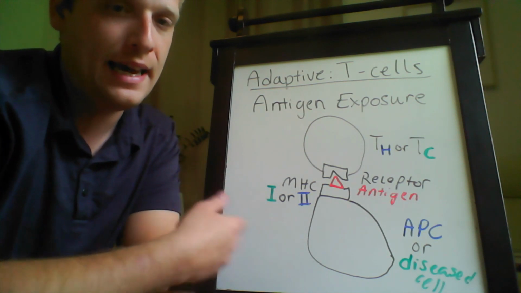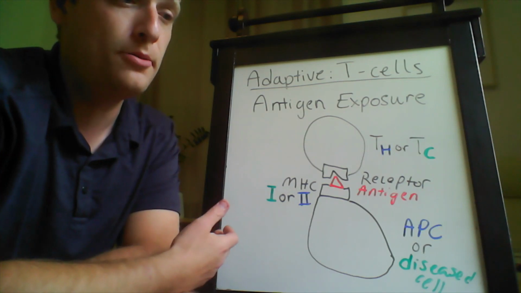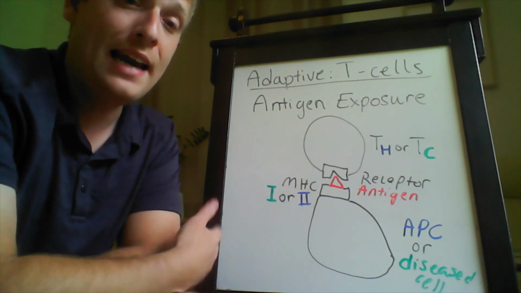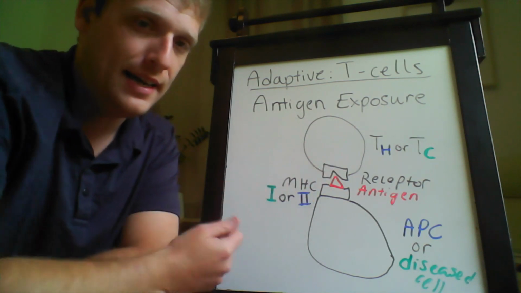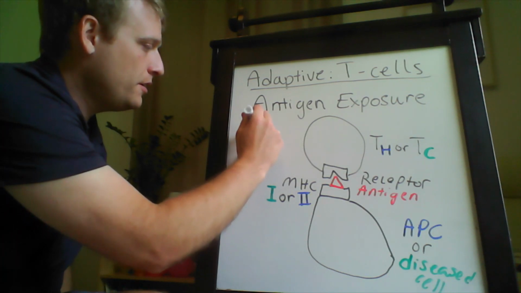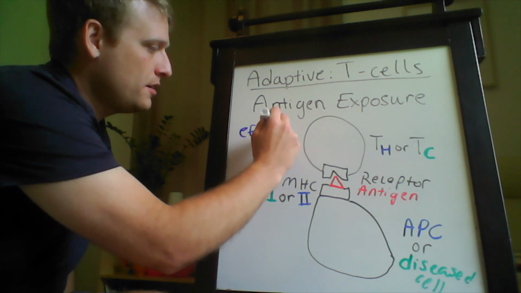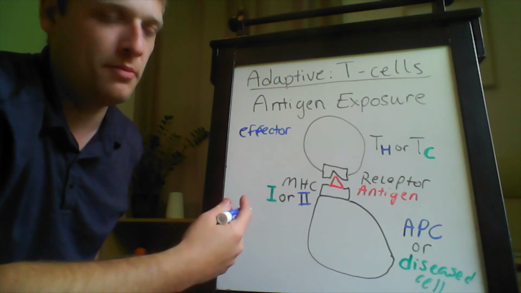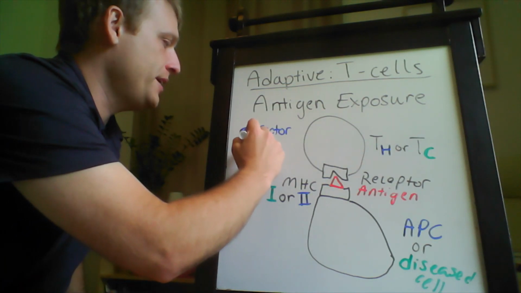It's going to replicate itself so that your body can mount a response against that antigen. And after that, after exposure to this antigen, you'll have effector T cells, which are dealing with the problem at hand, and memory T cells.